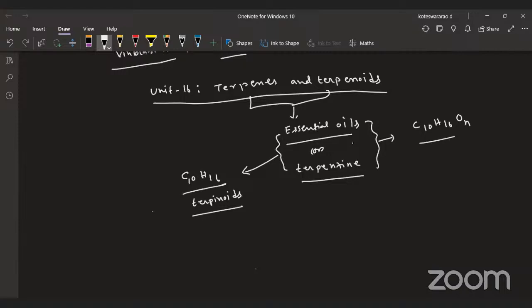This oxygen may exist in the form of alcohol, aldehyde, or ketone. These are known as camphor derivatives. Camphor, nowadays it is called. What is that camphor? Karpuram.